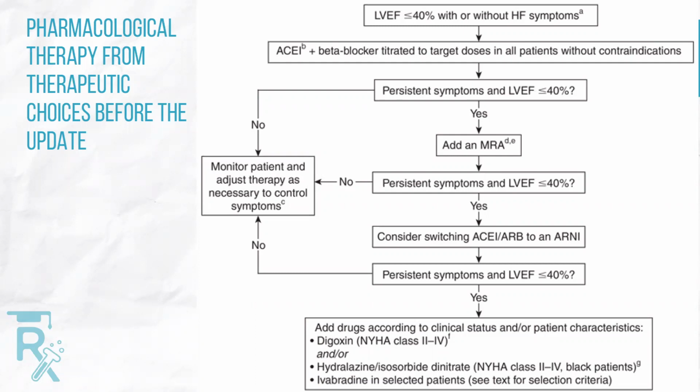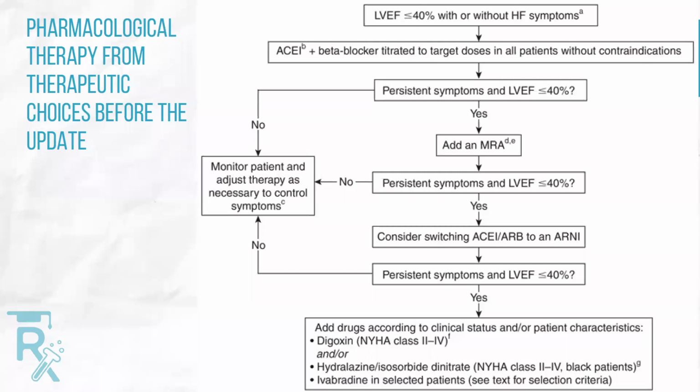So I will change the patient from the ACE inhibitor I'm giving to the ARNI, and we will talk about that briefly. But if the symptoms are okay after adding either the first step of ACE and beta blocker, he is okay, I just keep monitoring the patient and adjust the doses based on that. Or even after the second step, after I added the MRA, the spironolactone.